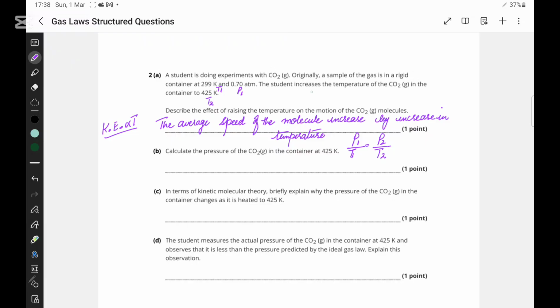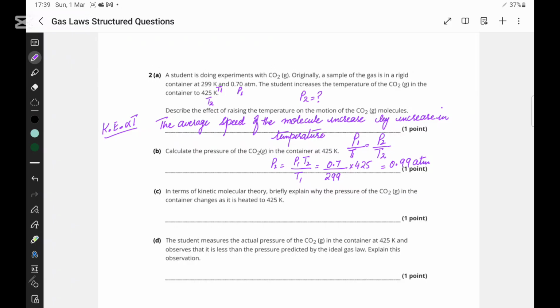Putting them in the equation, we are going to find P2. So the P2 formula becomes P1 T2 over T1. P1 is 0.7 divided by T1, which is 299, times 425, and the answer comes out to be 0.99 atm.